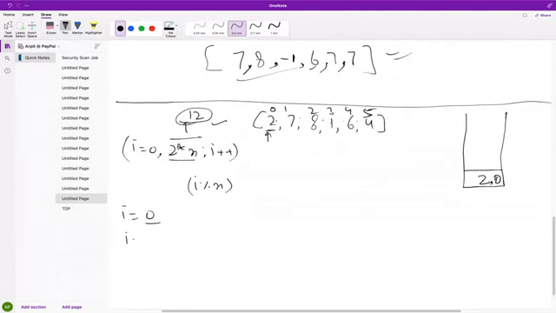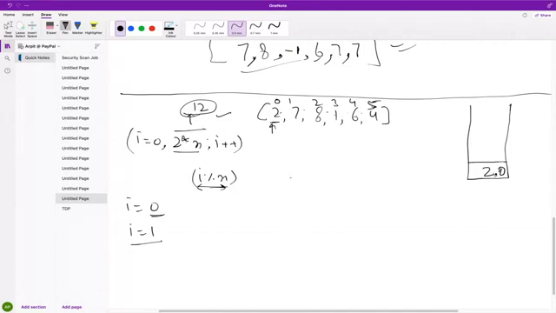Now i is equal to 1. And their condition was also i mod n every time. So 1 mod n. Now because our stack is full and we are looking for element 7, you can see we need to do popping, right? We need to do popping because this is smaller. Agree, guys?